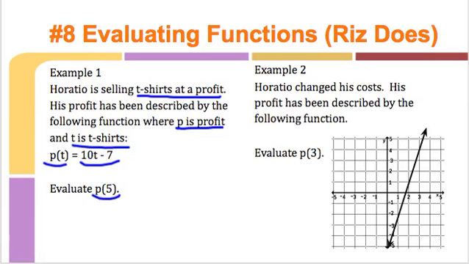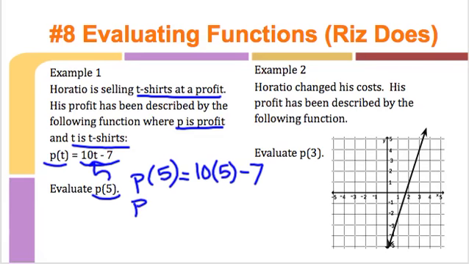So P evaluated at T equals 5. So again, here we don't see an x, but what we can do is we can take this 5 and substitute it in for the t. Okay? So this is what we're going to go ahead and write. P of 5 equals 10, but instead of the t, I'm going to write parentheses 5 minus 7.